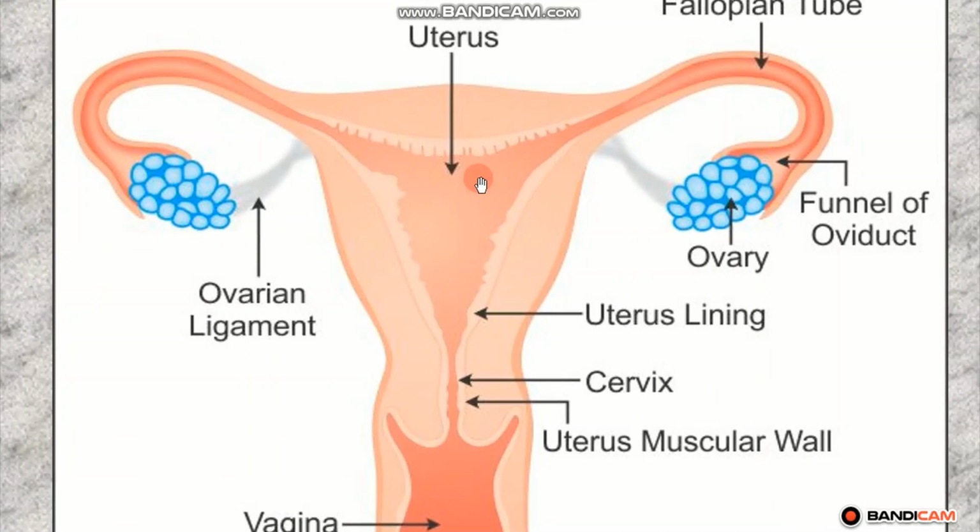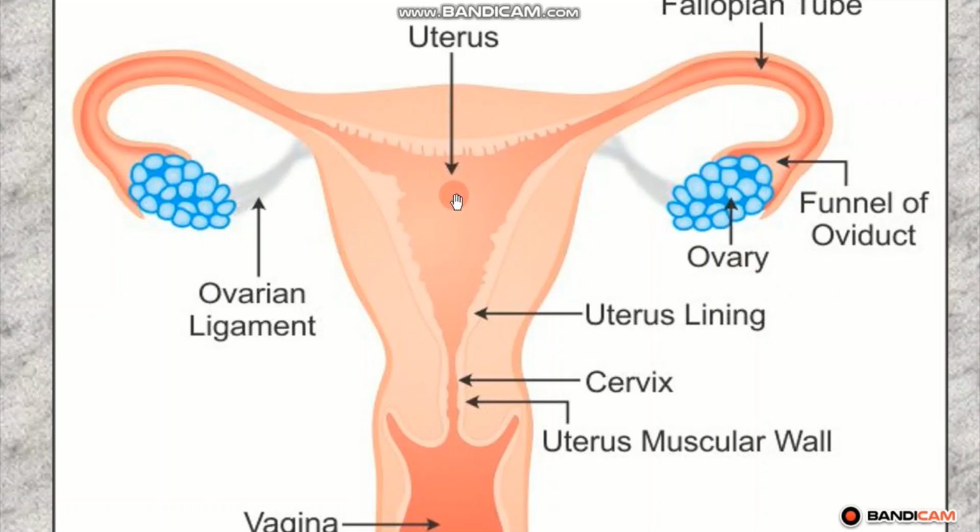Now let's talk about the uterus. We have discussed the ovary and the fallopian tube, the oviduct, and now the uterus. The uterus is also known as the womb, where the child grows and develops until parturition.